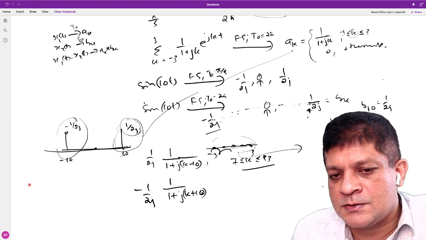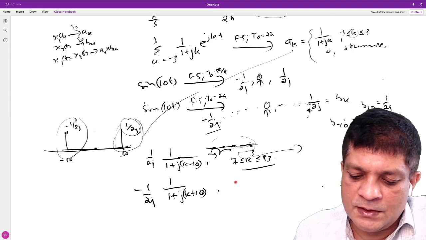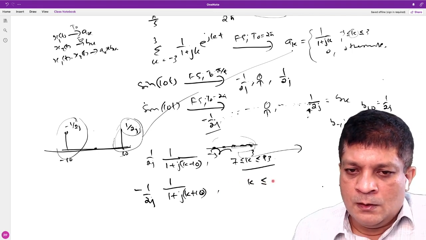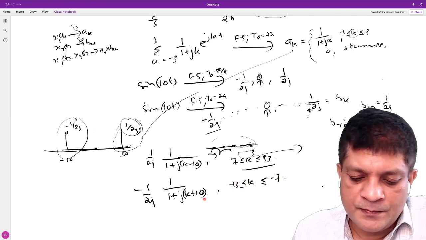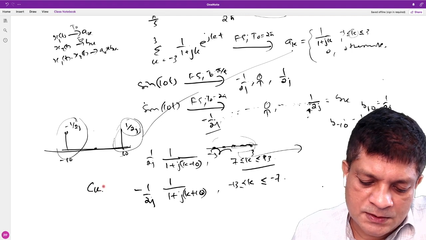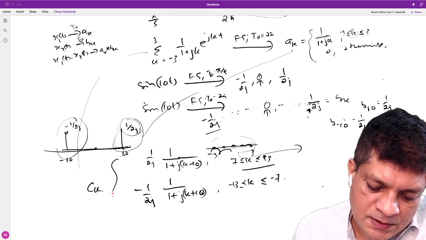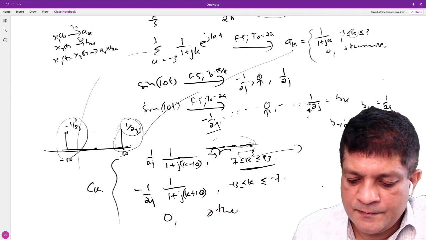Left by 10 means you have to replace k with k plus 10. And this is in which interval for k? Minus 13 to minus 7. So the Fourier series coefficients, let's say c_k of this signal x(t), are this one in this interval, this one in the other, and 0 otherwise.